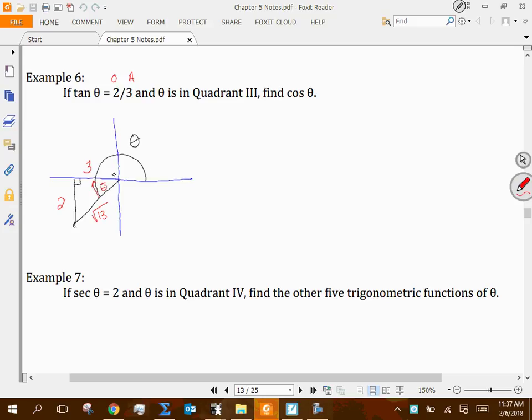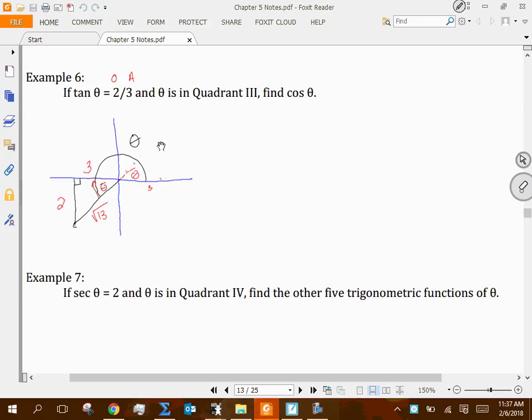Sometimes we overlook this, but using this theta bar is actually telling you that if I come back up into this quadrant here and draw this triangle with theta bar right there, this should be 2, this should be 3, and this should be radical 13. It's the hypotenuse. I never do that.